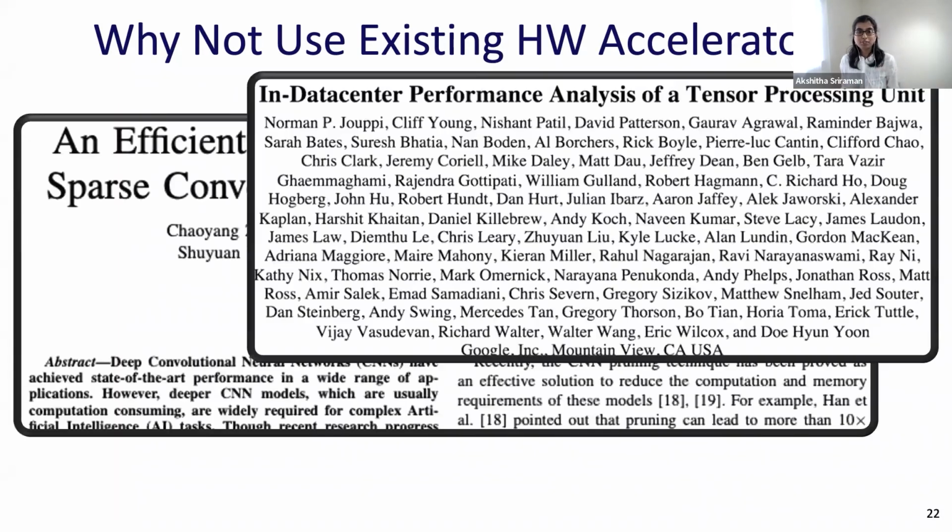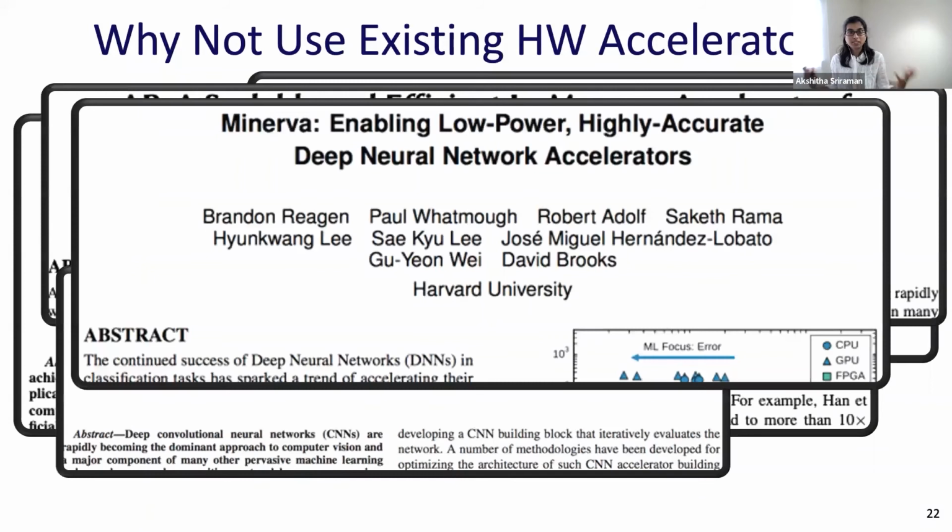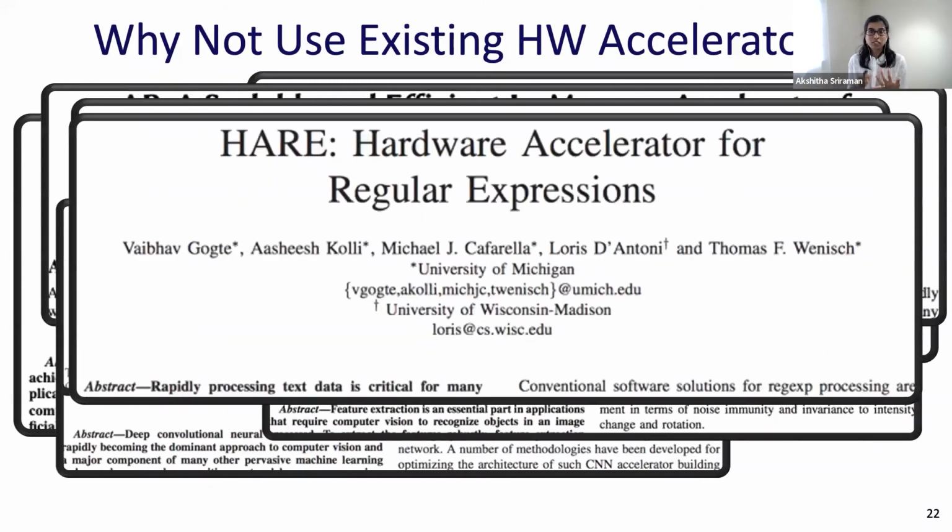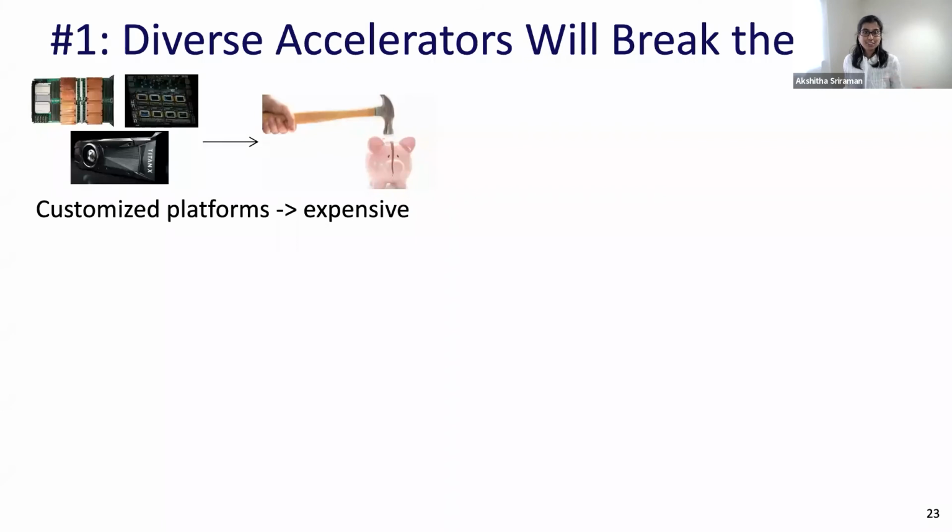After all, people have developed accelerators ranging all the way from encryption and compression to machine learning operations, and even accelerators for regular expressions, right? So the answer to this question is that it's actually challenging to build accelerators for each of these orchestration operations. And the reason is twofold.